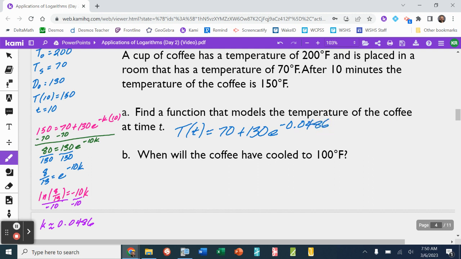So for this cup of coffee, for instance, times t. And so there's our function. So you give me a time, I can tell you what temperature the cup of coffee is going to be.